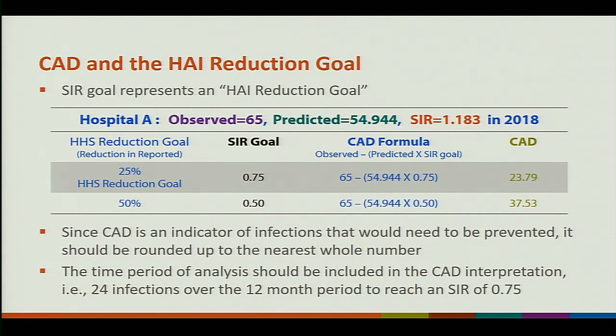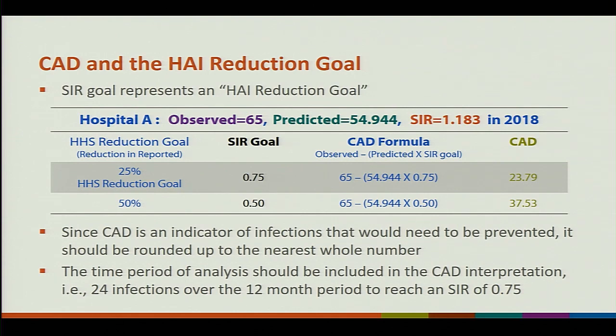And in case I didn't state it earlier, notice how, whenever I talk about prevention, the number of infections we need to prevent, I always round up. The reason for that is we can't prevent a fraction of an infection, right? It would be nice for our data reports, but we can't. So we're always going to round up to the nearest whole number.